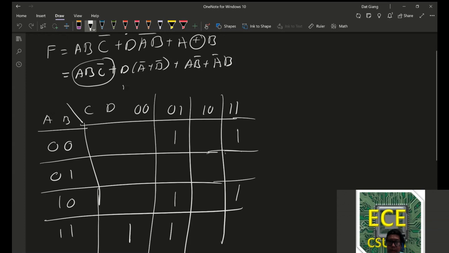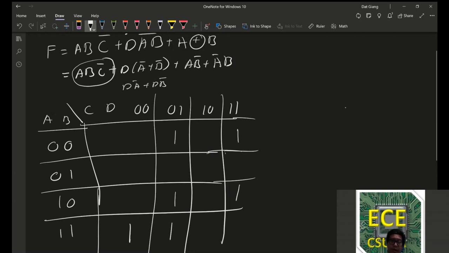So we look at this part: D A bar plus D B bar. D A bar means that when A is 0 and D is 1, there's an output there. Similarly, when B is 0 and D is 1, we can find an output there.